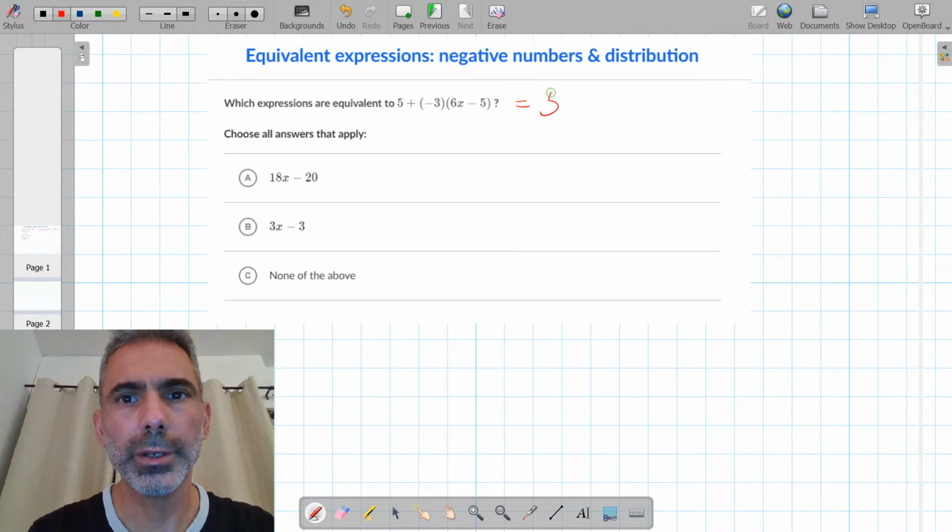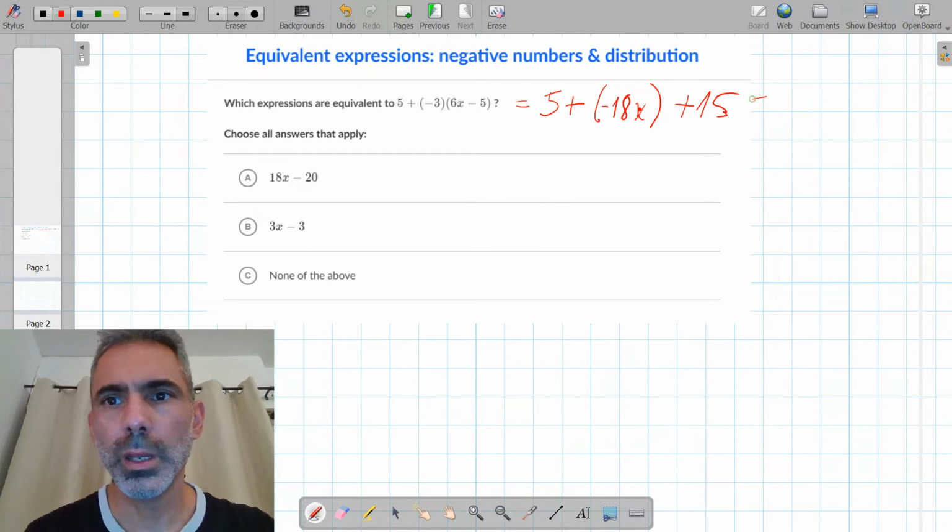So this is 5 plus negative 3 times 6x, which is negative 18x, and negative 3 times negative 5 is positive 15. Now when we combine the 5 and the 15, we get minus 18x plus 20.